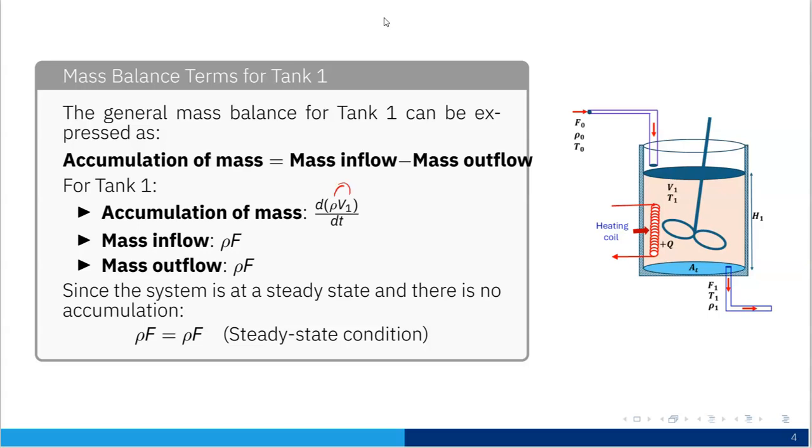Mass inflow is rho 0 F0, and mass outflow is rho 1 F1. Since the system is at steady state, there is no accumulation, because d/dt of rho V1 is 0. So rho F0 is equal to rho F1, so we can write F0 is equal to F1.